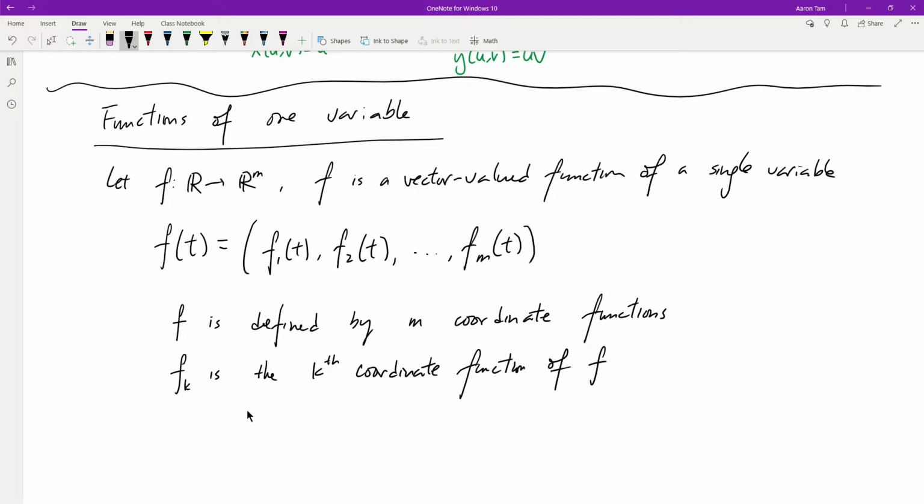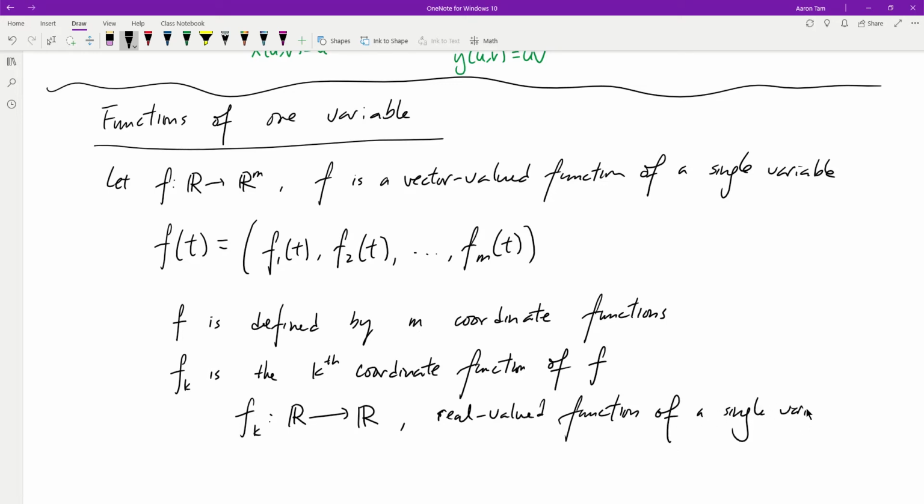What's important is that f sub k is a function that maps from R to R. So this is a real valued function of a single variable.